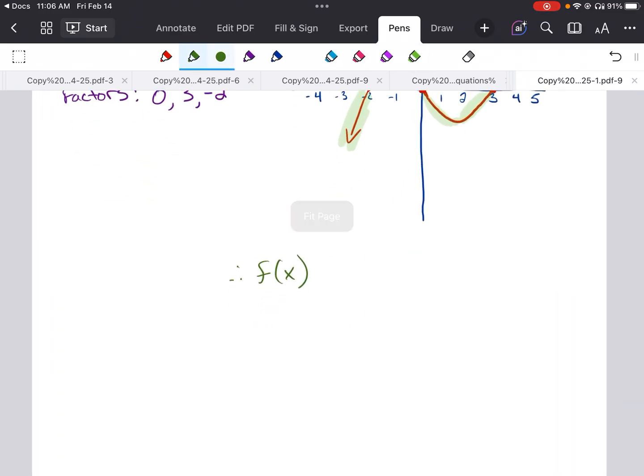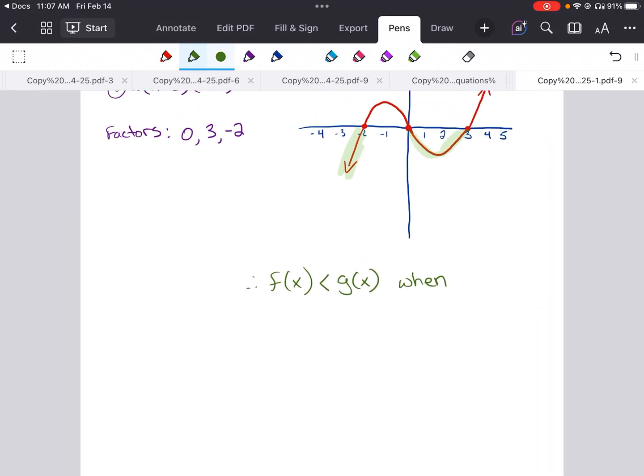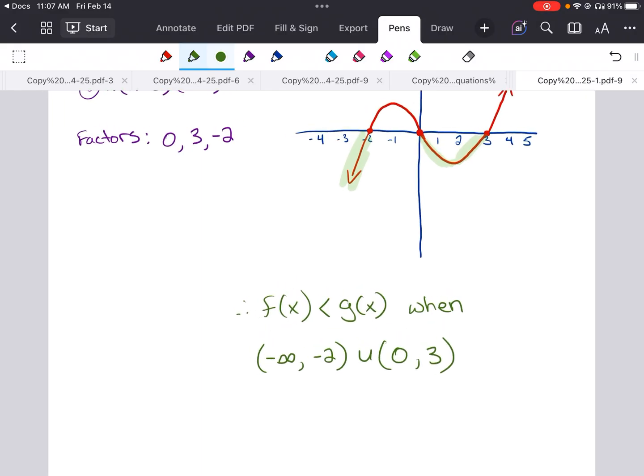So therefore, f of x is less than g of x when, so we could put -infinity to -2 and 0 to +3. Okay, we make them the circular brackets, the normal brackets, because it's not less than or equals to, it's just less than, so it goes up to the numbers, doesn't include them.